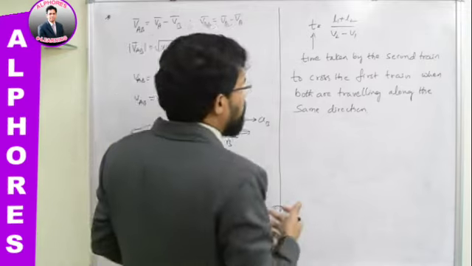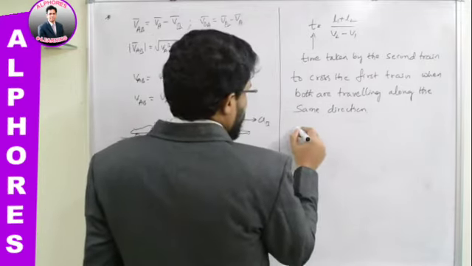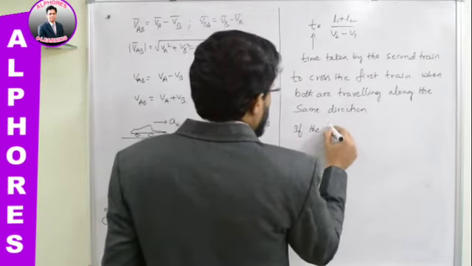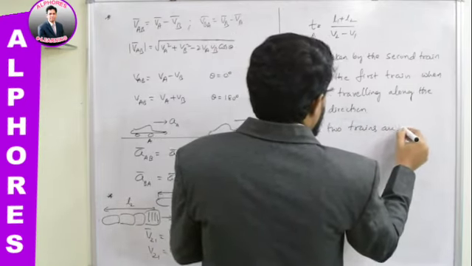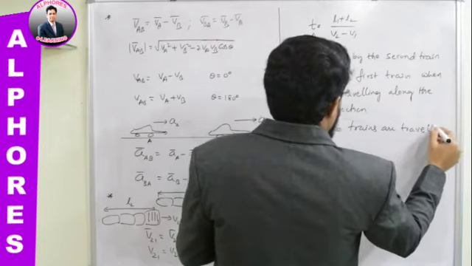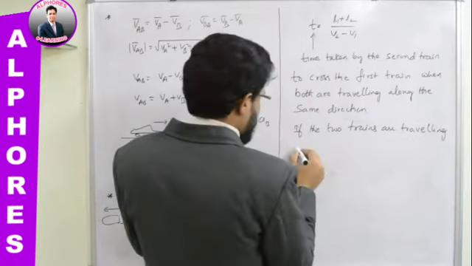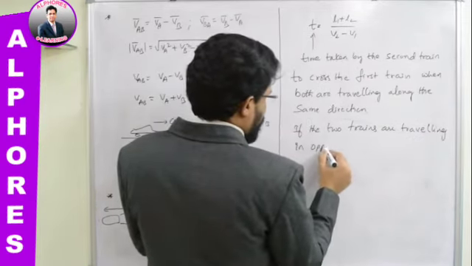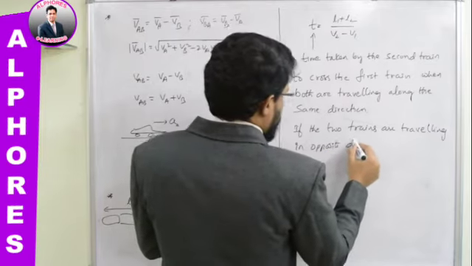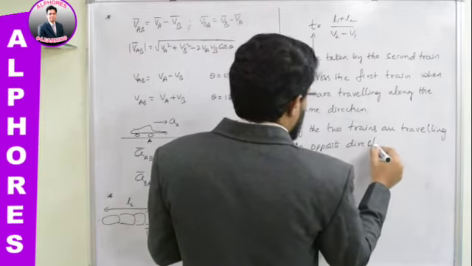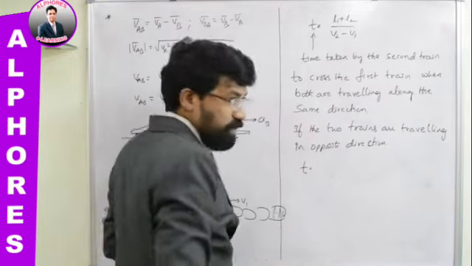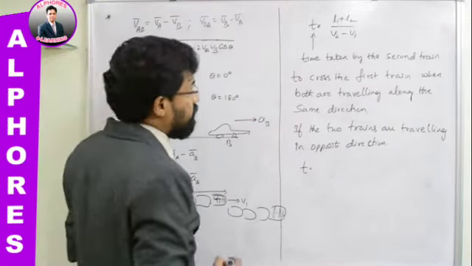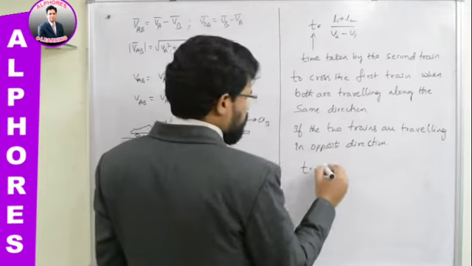So mathematically let us verify that. Okay, if the two trains are traveling in opposite directions, in this case t, time taken to cross, is equal to, again relative displacement is how much?